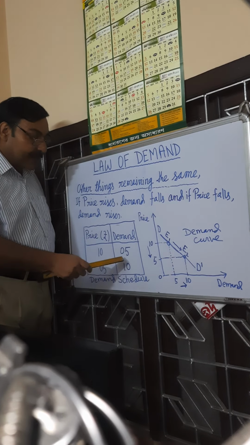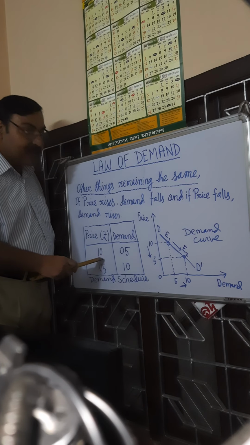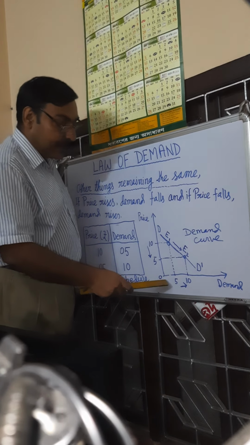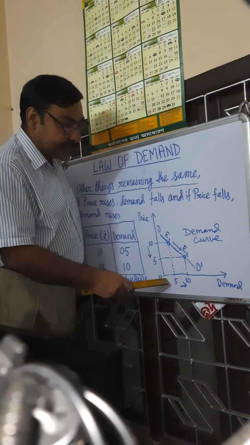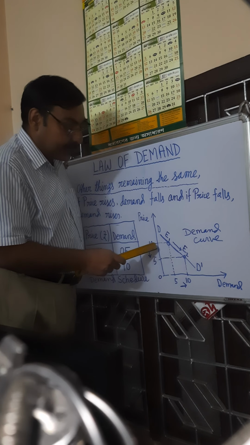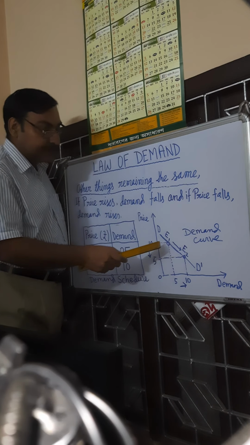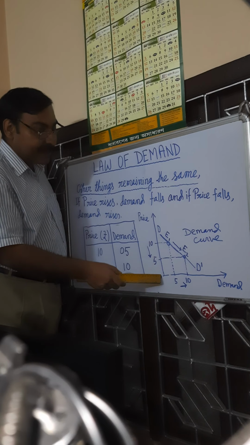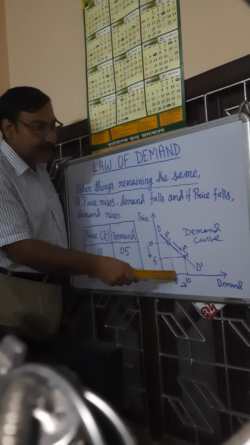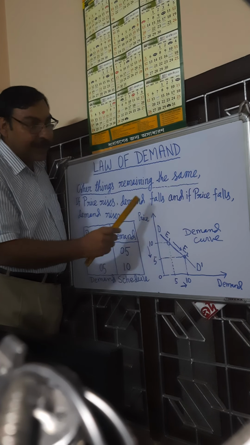The points are x, y, so 5, 10 is the first point: 5 units demanded when price is rupees 10. So the consumer is at point E1 when price is 10 and demand is 5.